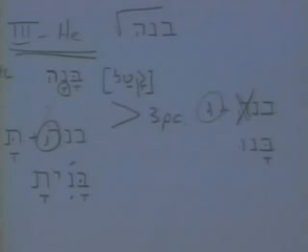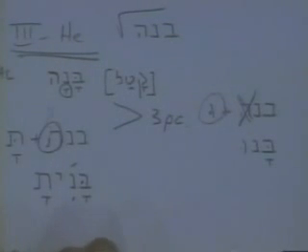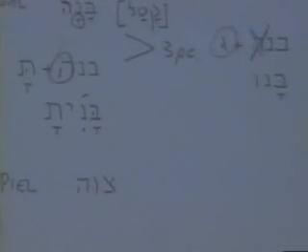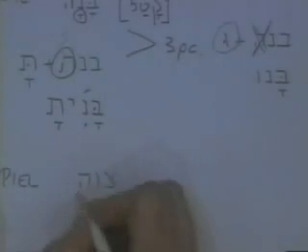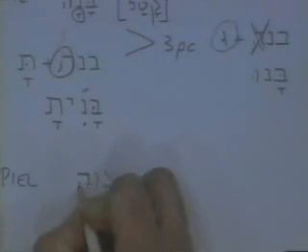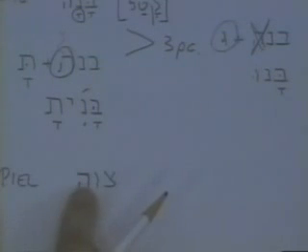You can predict that. That's what it does in the kal, that's what it does in the piel. In other words, in the third singular masculine form of tsiwa, when there's no suffix, the hay is retained, right? That's when the hay stays there, when there's no suffix at all.